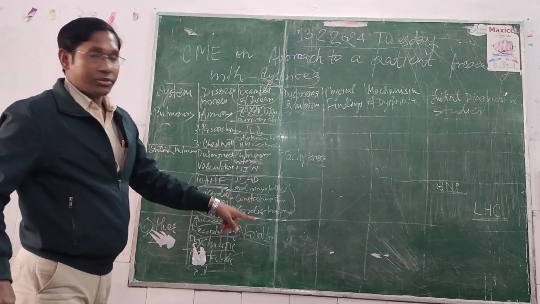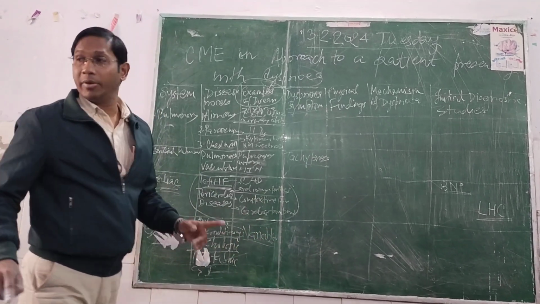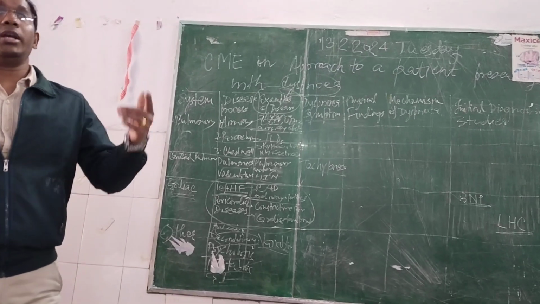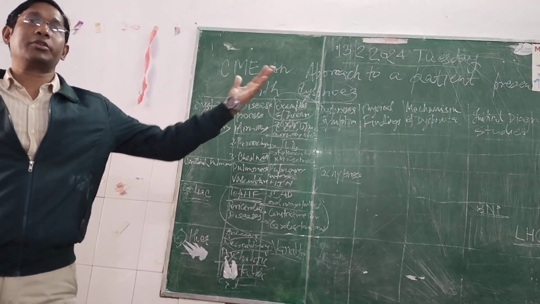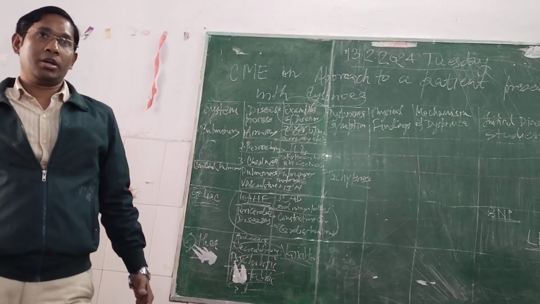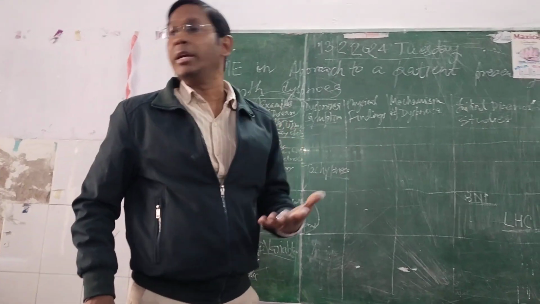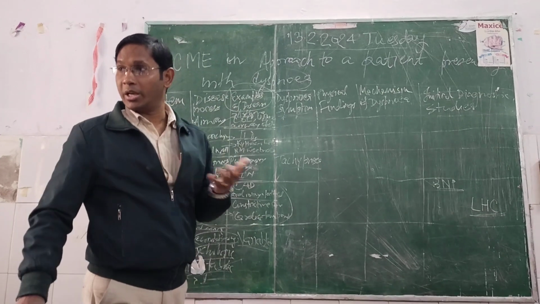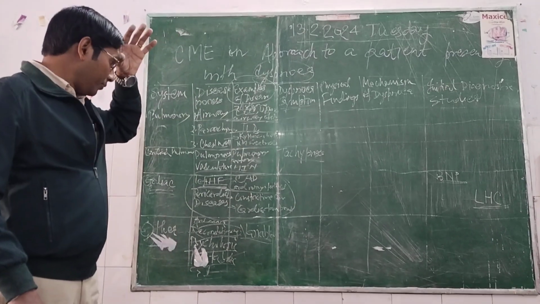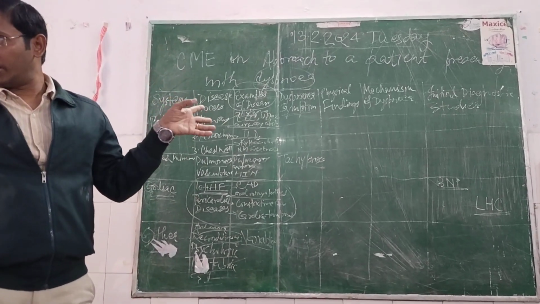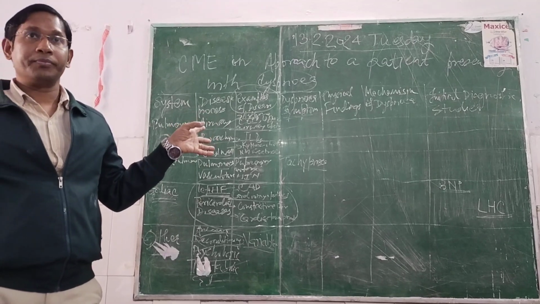In exertional breathlessness, anemia, and even anxiety. Anxiety is also a presentation of dyspnea. Anxiety can also present as breathing discomfort, and it happens many times, especially in young boys and girls who come to the OPD.